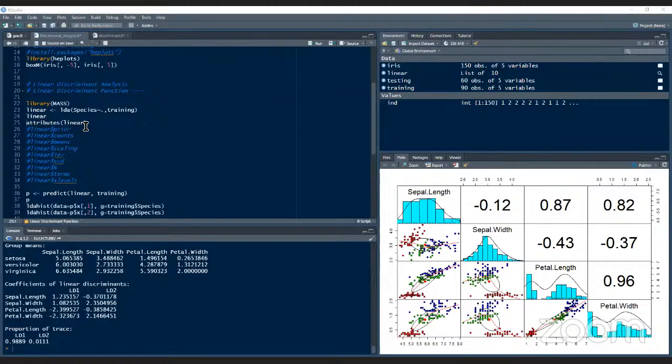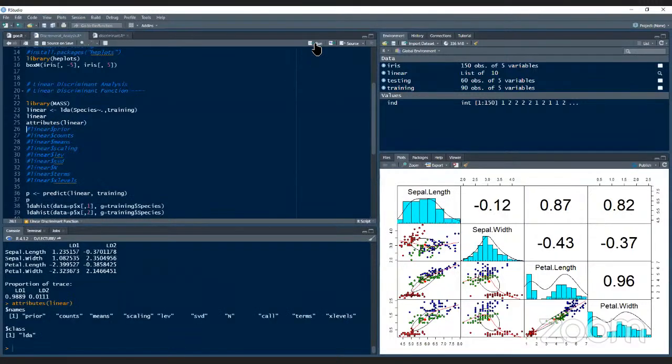Now, what attributes can we see from this linear discriminant analysis function? So here we write attributes and in bracket we write linear. Linear is the name of the function which we estimated for linear discriminant analysis. If we run this attribute linear, it gives you certain values. That is the prior.